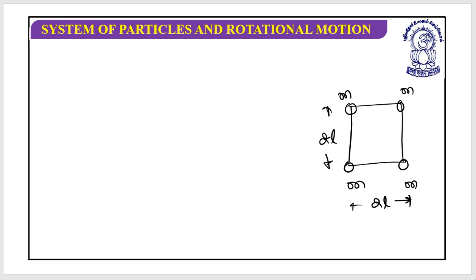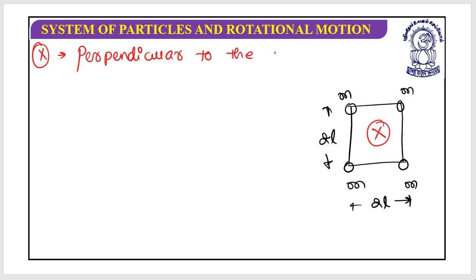Now what you are supposed to do is rotate this from here, and it is something like this. The cross represents that the axis is perpendicular to the plane of the object.